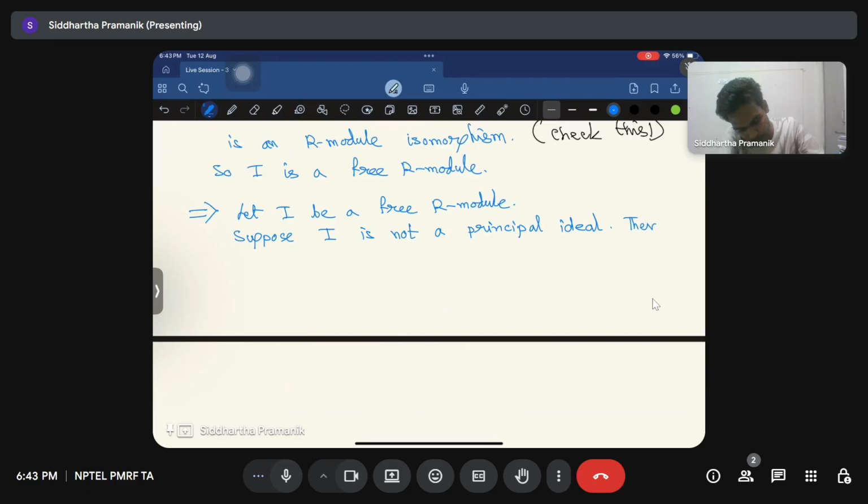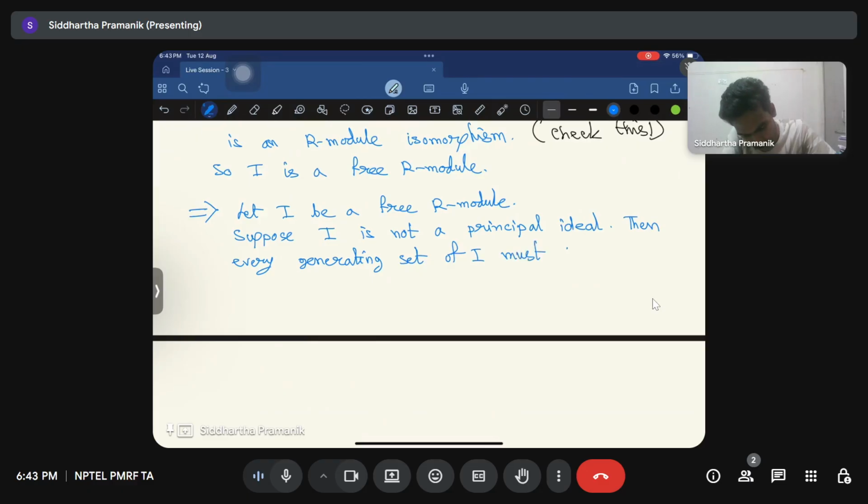So it is not a principal ideal means it cannot be generated by a single element. Thus every generating set of I must contain at least two elements. We can take a minimal generating set also.